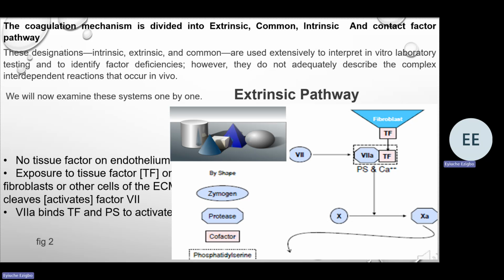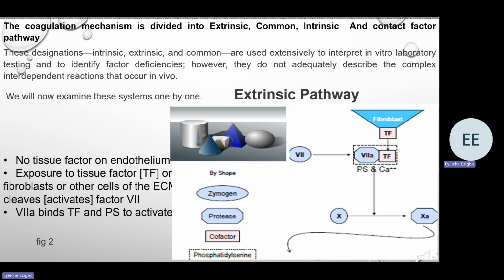The complex cleaves factor 10 to form an active serine protease, activated factor 10. The active factor 10 goes on to activate the common pathway. This is what happens on the extrinsic pathway. The activated factor 10 will now go on to activate the common pathway.